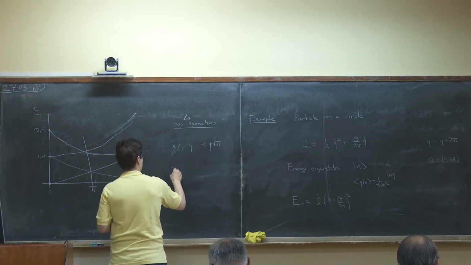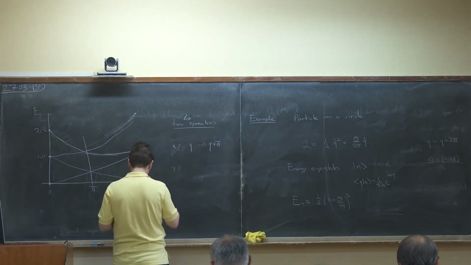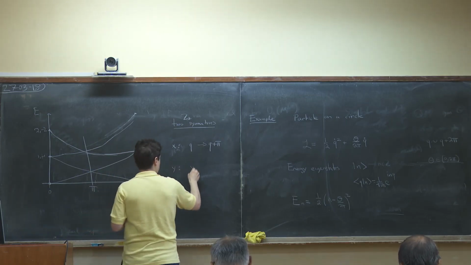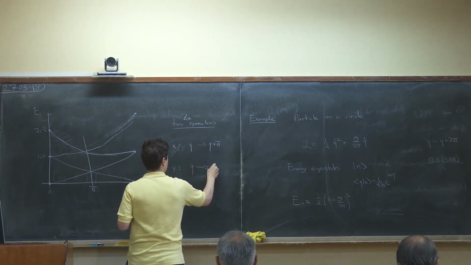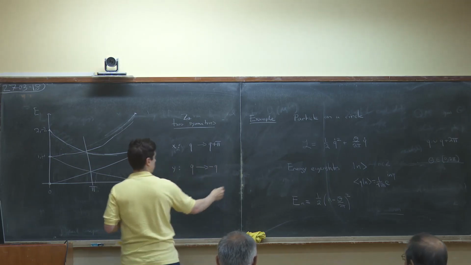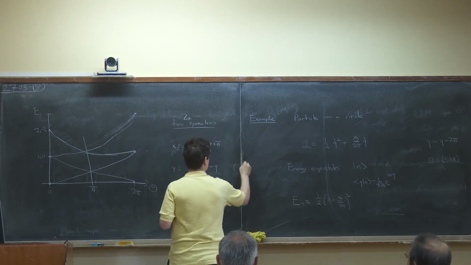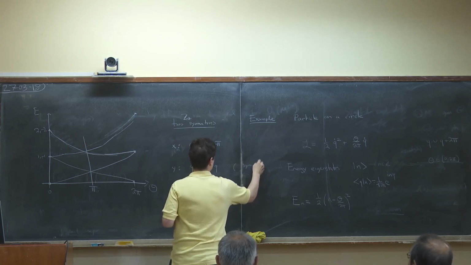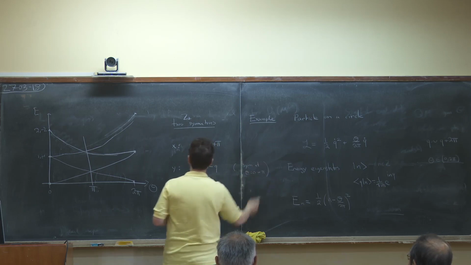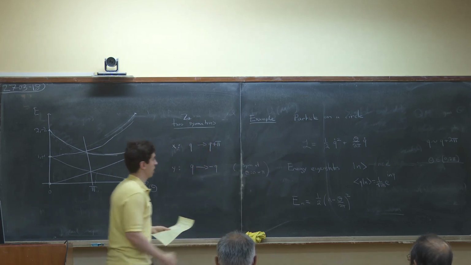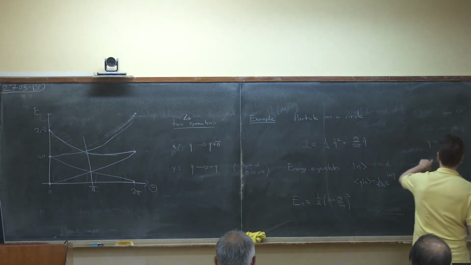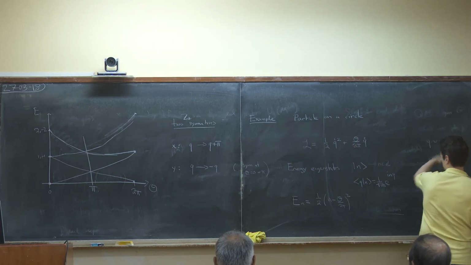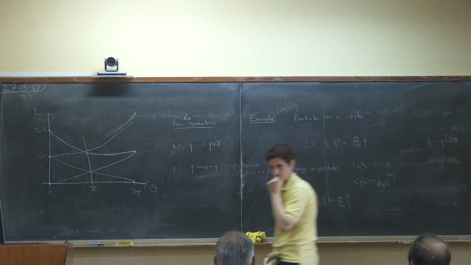Now let's call the other one Y. Y sends Q to minus Q. This is a symmetry only at theta equals 0 and pi. At theta equals 0, it's obvious that it's a symmetry. At theta equals pi, we need to use the identifications here to see that it's a symmetry.